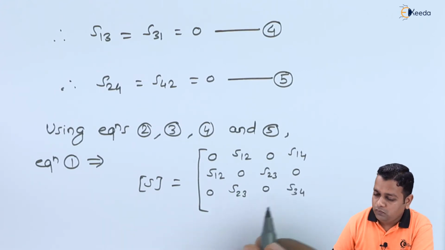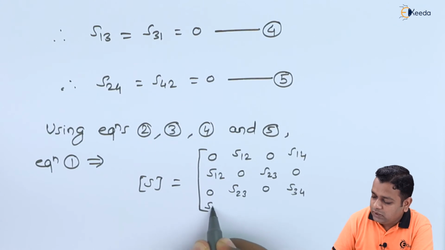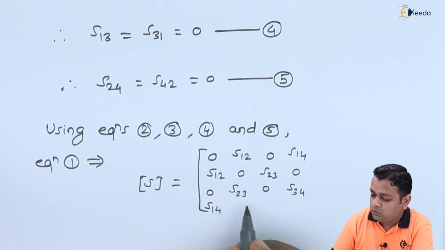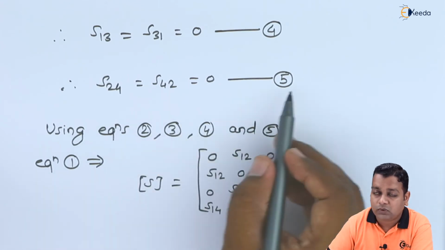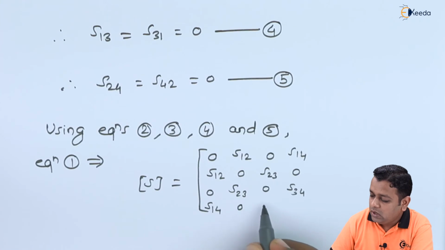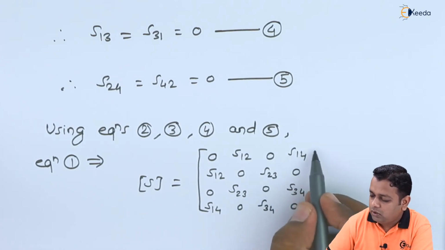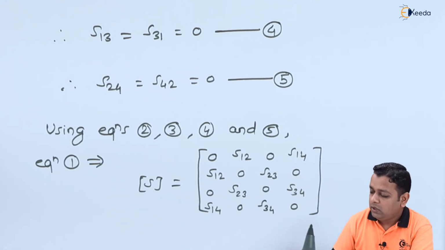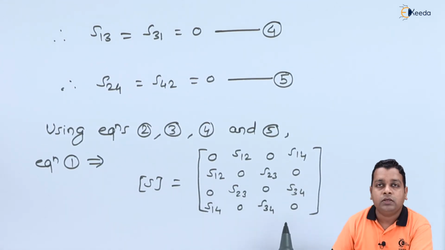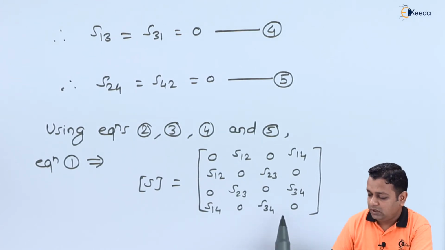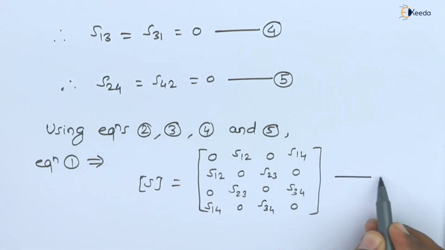In the fourth row we can have S41 replaced by S14 due to the symmetric property. S42 is equal to 0 due to equation 5. S43 can be replaced by S34, and S44, due to the perfect matching of the junction, we substitute by 0 here. So this new representation, with more reduction in the number of unknowns, is the scattering matrix given by equation number 6.